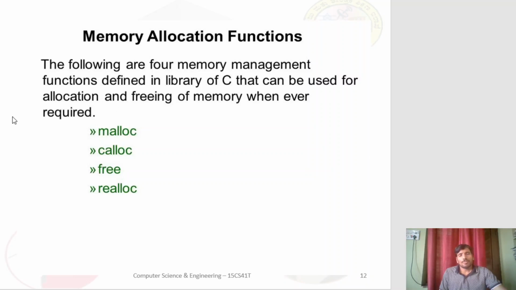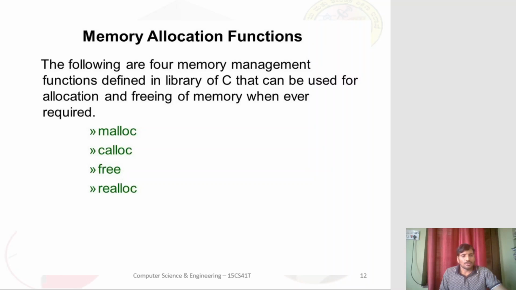To achieve dynamic memory allocation, we need these four functions, that is malloc, calloc, free and realloc. The following are the four memory management functions defined in the library of C that can be used for allocation and freeing of memory whenever required. So students, in which library header file these functions are defined? Can anyone guess?